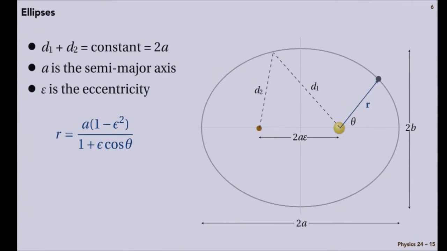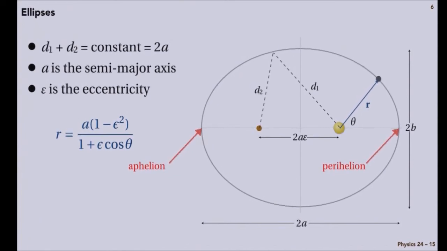Okay? So if this is true, figure out what r at perihelion is. Perihelion is there, aphelion is there. If this is the equation of the ellipse, then what is the value for r_p, the distance between the sun and the planet at perihelion? So what angle is perihelion at?